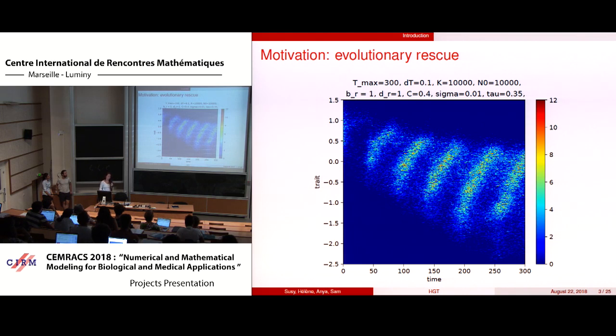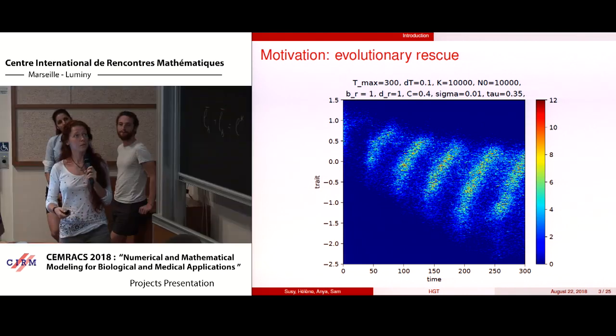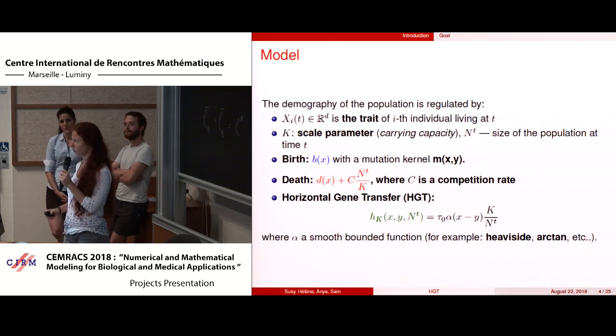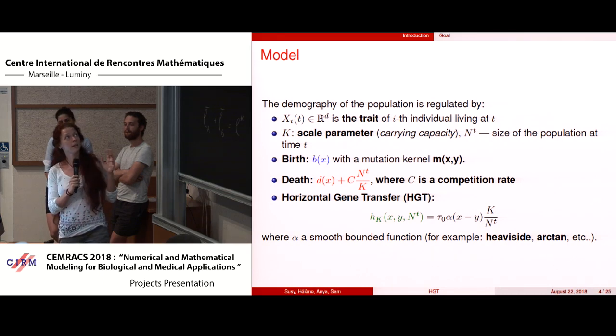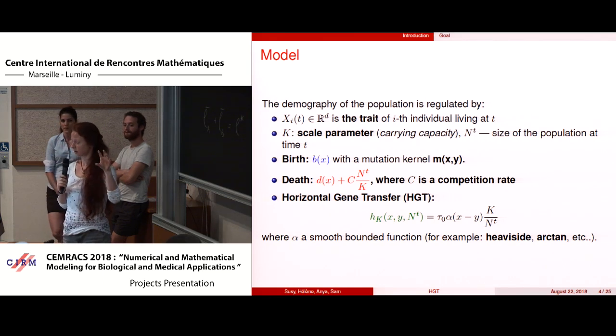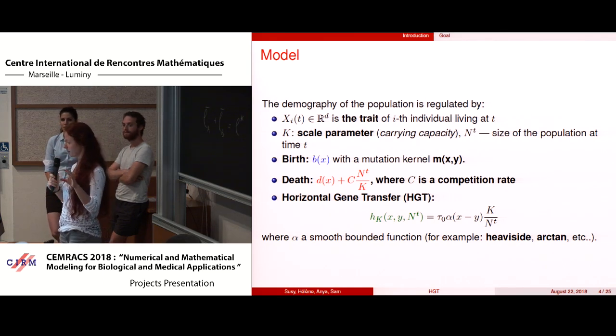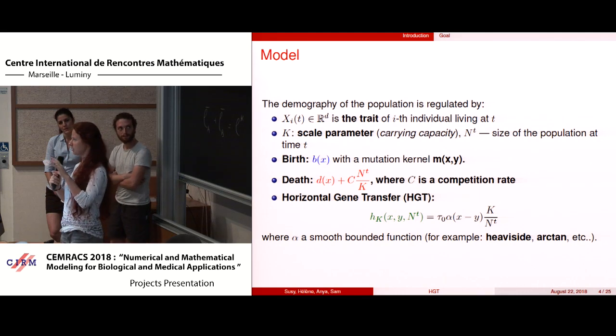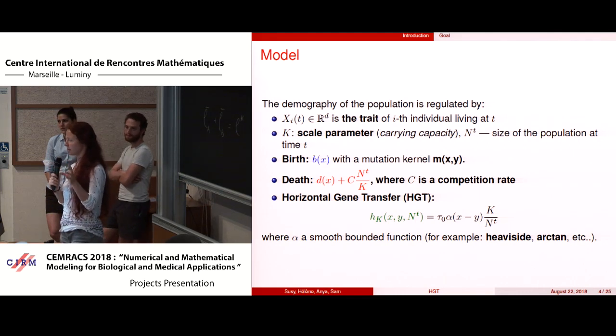Before we move to some specific models, we will just talk a bit about how the whole demography is regulated. Again, a trait, which is just genetic information for us, is some numerical parameter. Also, we take into account the carrying capacity of the system. By that we can mean, for example, the amount of resources in some environment.